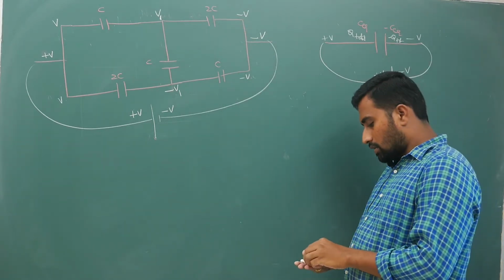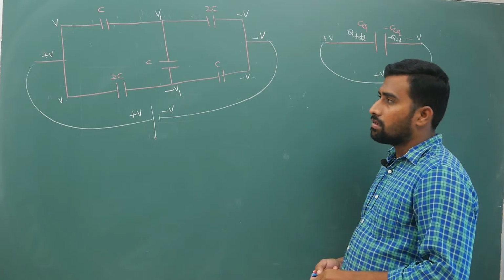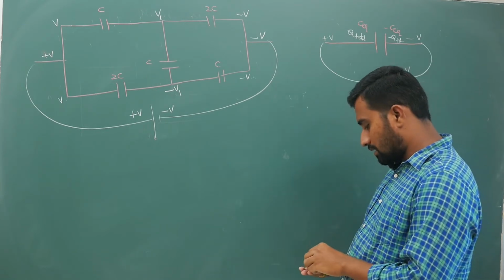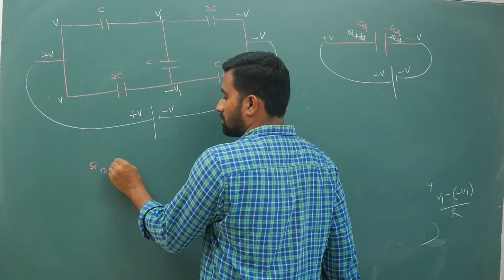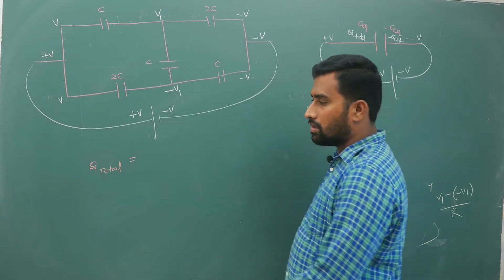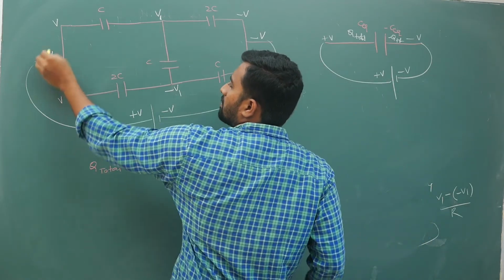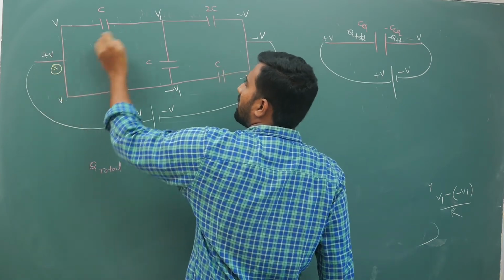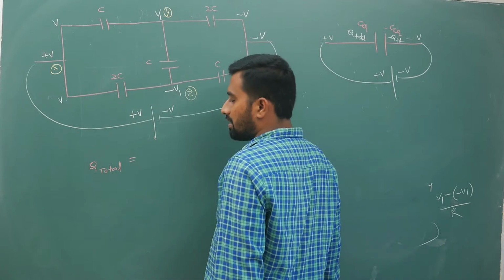Now if you take your total charge, Q total, first I will take node X, node Y, node Z. You don't need 3 nodes, 2 are enough.